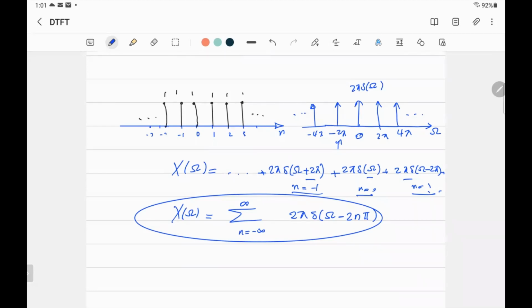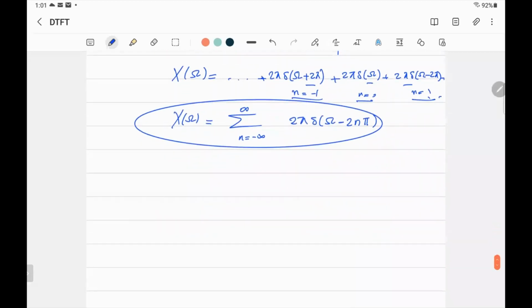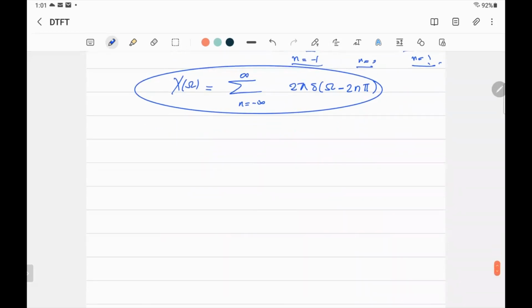Let's take one more example, the exponential one. Example 2, where we need to find the continuous time Fourier transform for e to the power of j alpha t.